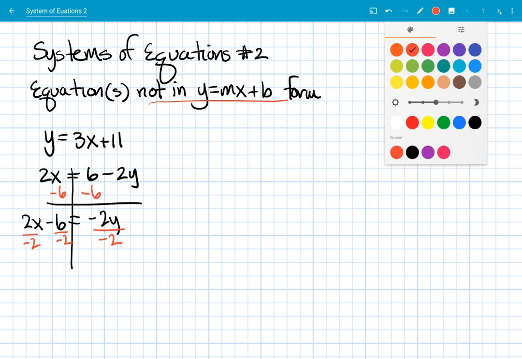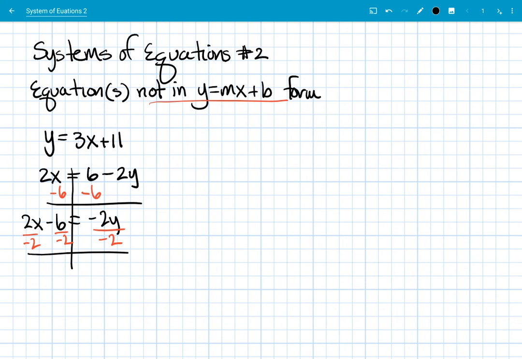And that's going to make it so that the equation is solved for y. Y by itself equals, so this is going to be 2 divided by a negative 2, that's negative 1x, and a negative divided by a negative is a positive, so that's going to be plus 3. All right, so now this equation is going to be my second equation.